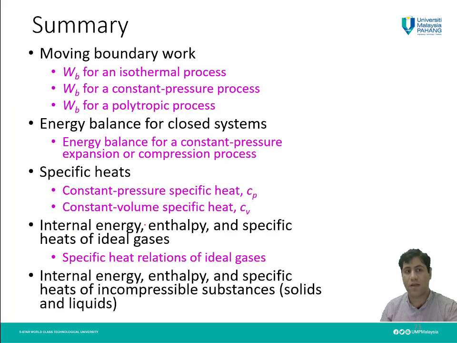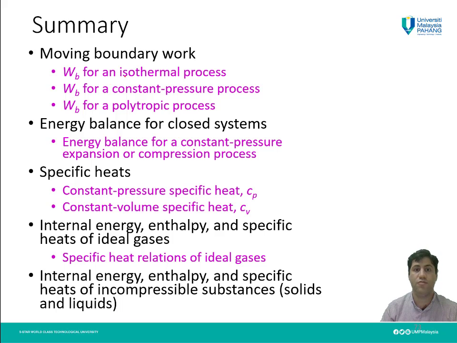So by this example, we reach the end of this chapter. I hope you have already seen all of the video lectures for previous sessions as well. Let me briefly review what we have learned in this chapter. We started with moving boundary work for a closed system.